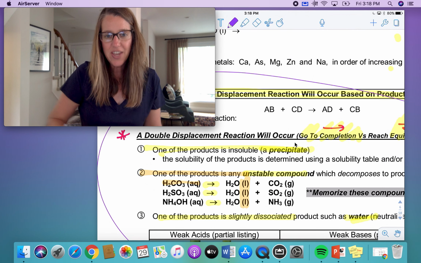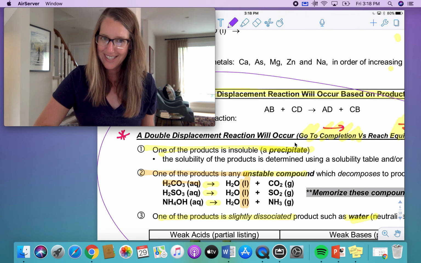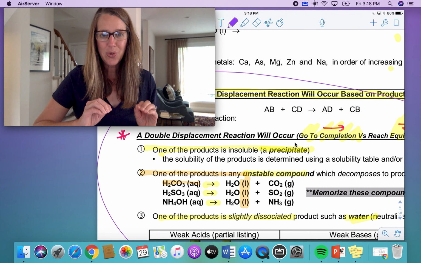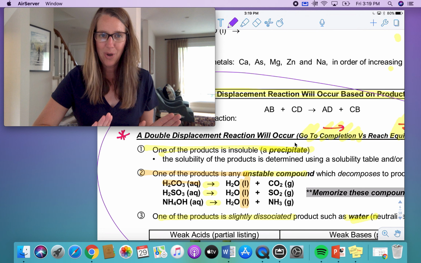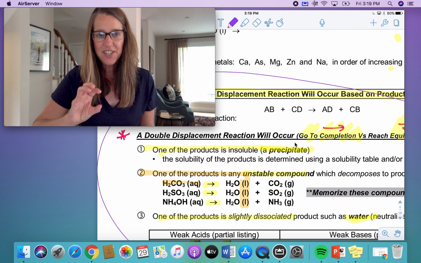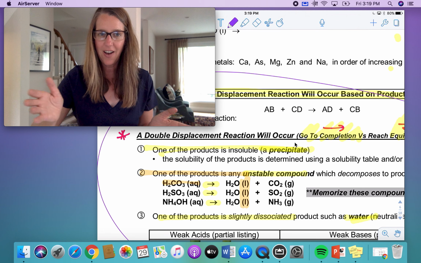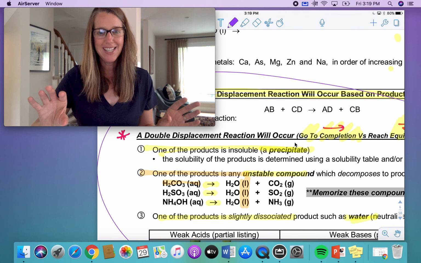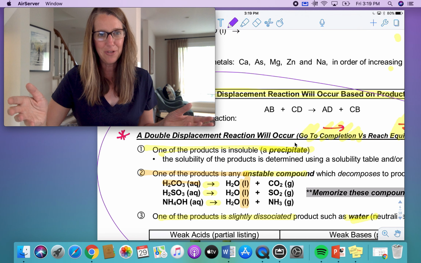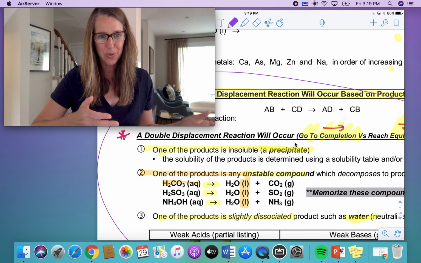Okay? The third thing is going to be what we get into with acids and bases. So this is, do you have an acid that's strong or weak? Do you have a base that's strong or weak? And we're going to memorize some of these coming up in the next few weeks. If it's a weak acid or a base, think about what that means. That means that less than 5% of it is actually dissociated into ions, which means it's still stuck together, which means the ions aren't available for a reverse reaction to occur.